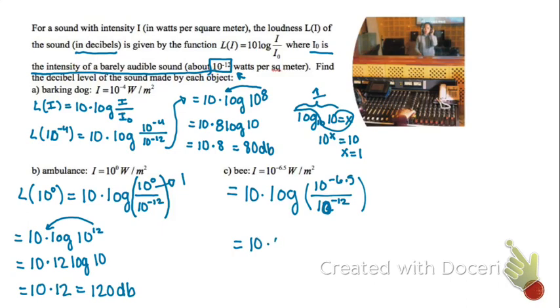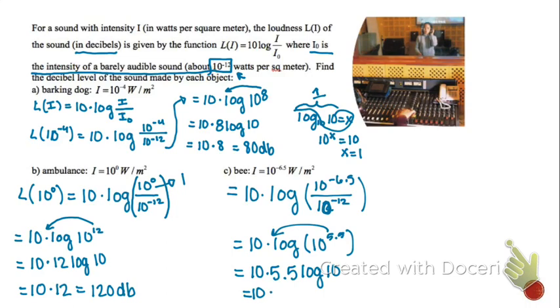And I've got 10 times the log of 10 to the 5.5. And I'm going to do the same thing. I'm going to pull my power out front. So that leaves me with 10 times 5.5 times log of 10, which we already said was 1, so we know it's just 10 times 5.5, which is 55 decibels.